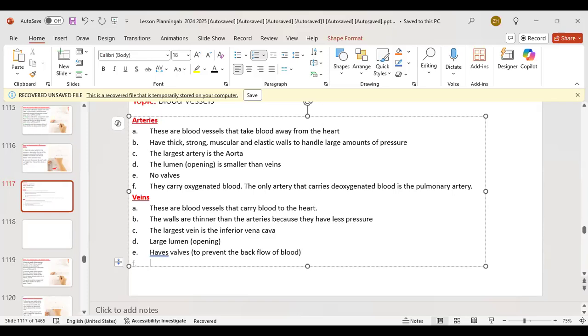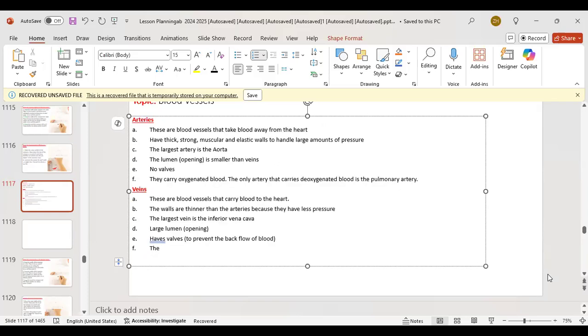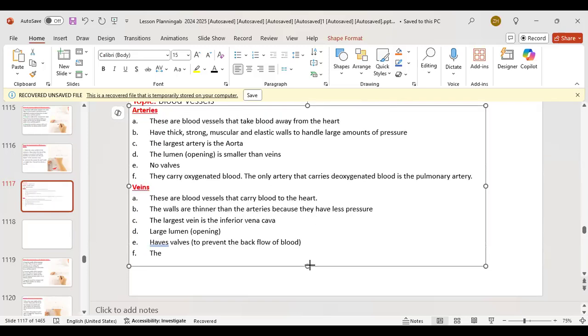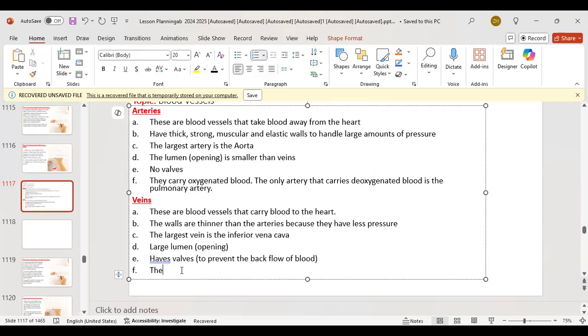And then what else? What type of blood do the veins carry? Deoxygenated. So they carry deoxygenated blood. The only vein that carries oxygenated blood is the what?